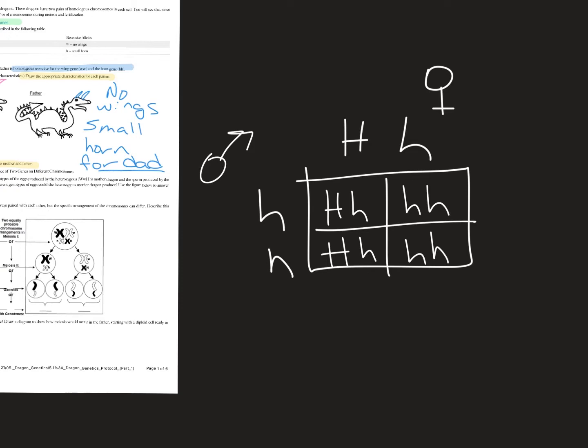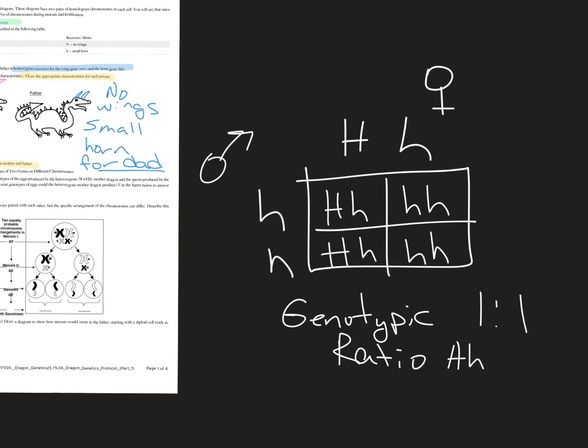Do you agree? Yes. What's the genotypic ratio? 1 to 2. It's 1 to 1, right? It's 2 to 2, but 2 to 2 can be reduced to 1 to 1. 1 to 1, big H, little h versus little h, little h.